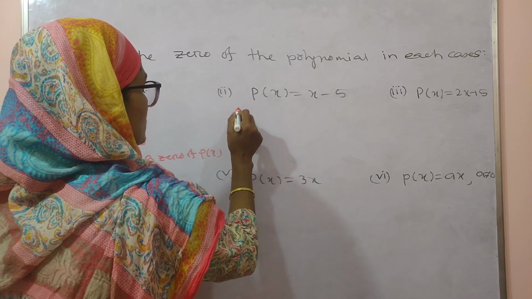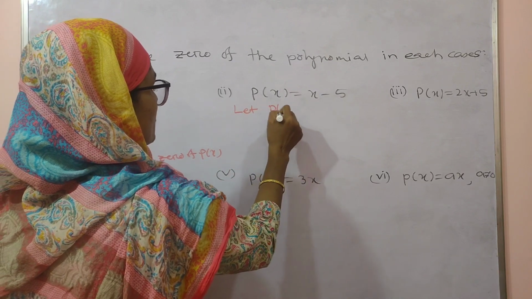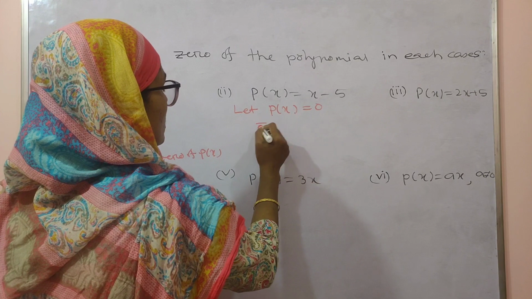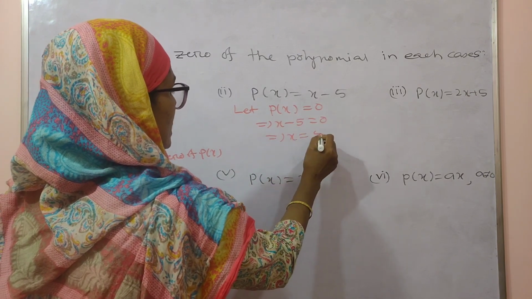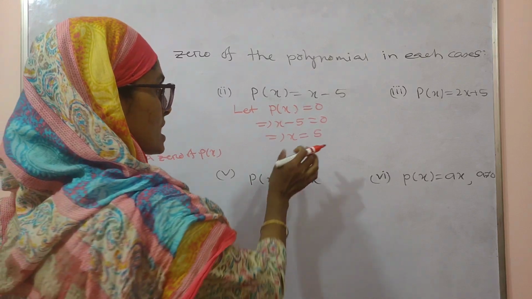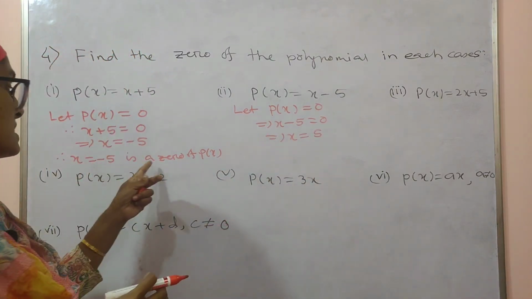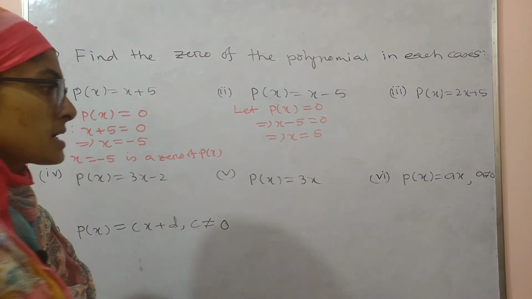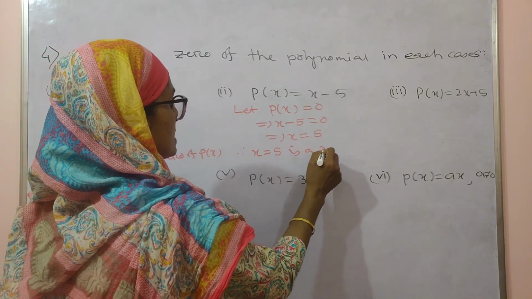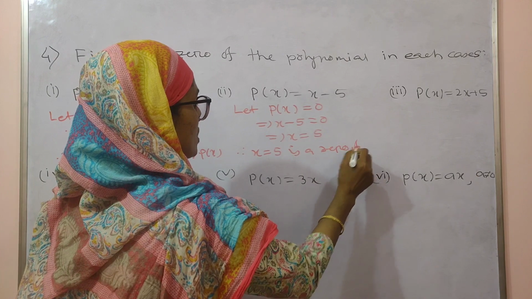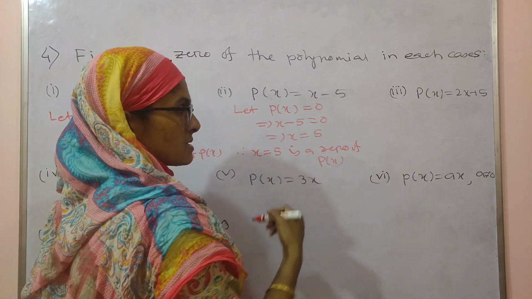Similarly, number 2, let p of x equal to 0 or x minus 5 equal to 0, or you can write x equal to 5. So, x equal to 5 is a 0 of p of x. You will write here x equal to 5 is a 0 of p of x.